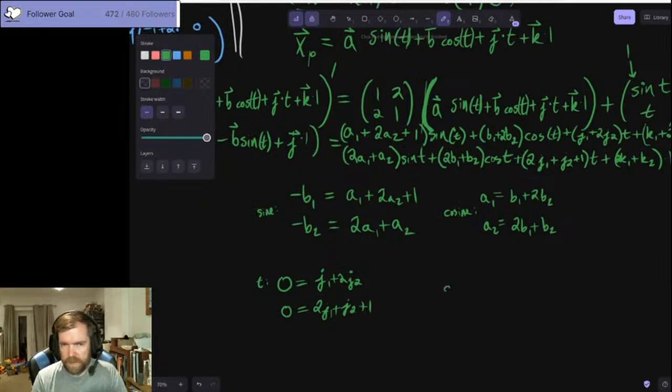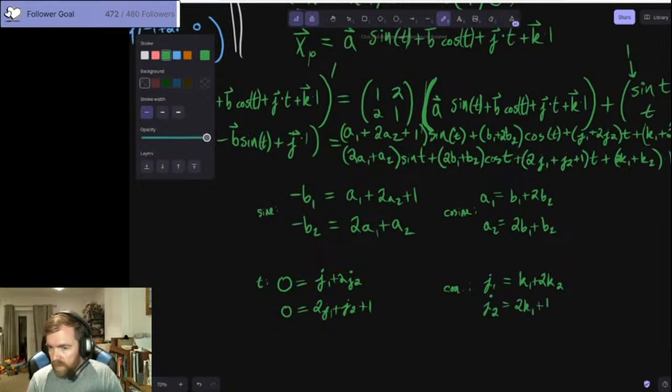And our constant is going to get us, right, zeros. Nope, we have J1 and J2 on the left, which are then going to be equal to, top one constant is K1 plus 2K2, and bottom is going to be 2K1 plus K2.